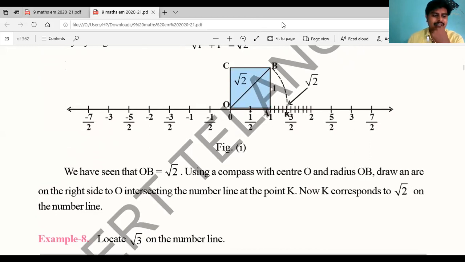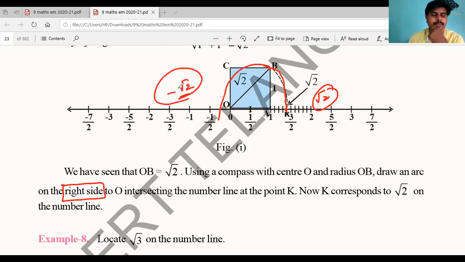See, Nana, observe this right side. If you draw an arc on the right side, you will get plus root 2. If you draw an arc on the left side, you will get minus root 2, Nana. Okay, minus root 2 value. Remember that.